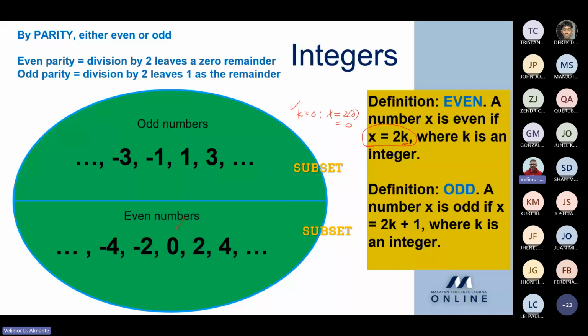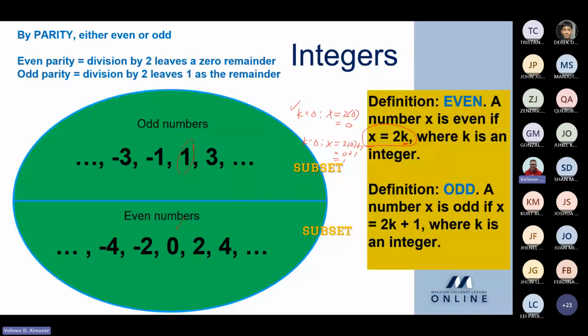Now, if k is equal to 0, and I use the formula 2k plus 1 for odd, same value for k, that's 2 times 0 plus 1. 0 plus 1 is 1. Therefore, 1 belongs to the set of odd numbers.